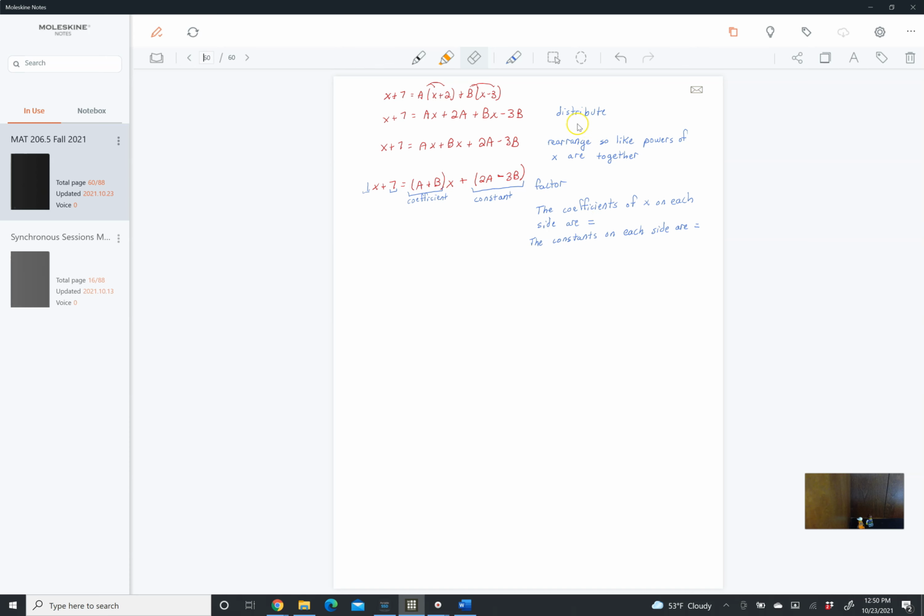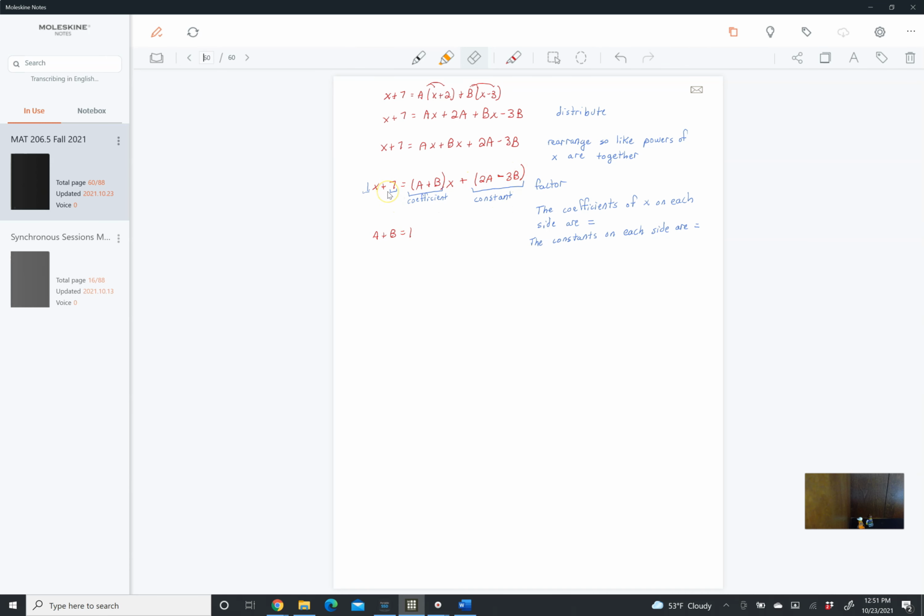So what we're saying is a plus b is equal to 1 because they have to be equal on each side. If the coefficient of x here is 1, then the coefficient of x here is 1. So we would say a plus b equals 1. And for the same reason, 2a minus 3b has to equal 7 because this is the constant on this side.